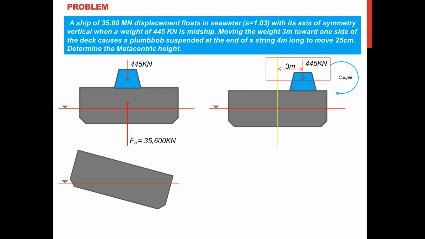And then the last condition in the problem is the plumb bob suspended at the side of that ship. So this plumb bob has a string of 4 meters.